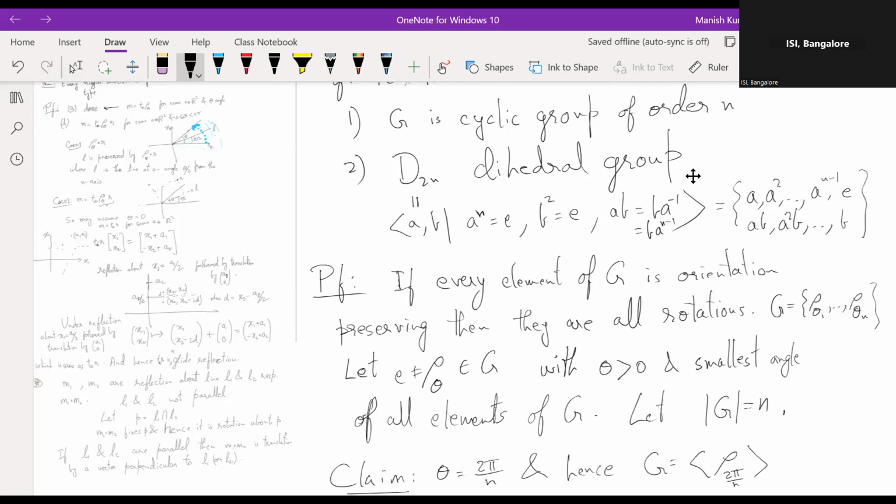Of course, maybe this you can assume is identity, and then you can order these theta 2 to theta n. It will be some positive angles. So you take theta to be the smallest of the theta 2 to theta n. Then rho theta belongs to G, and it is the smallest angle among theta 2 to theta n.